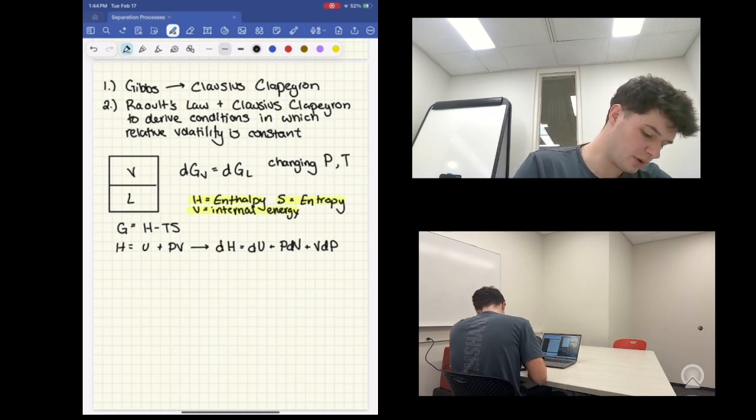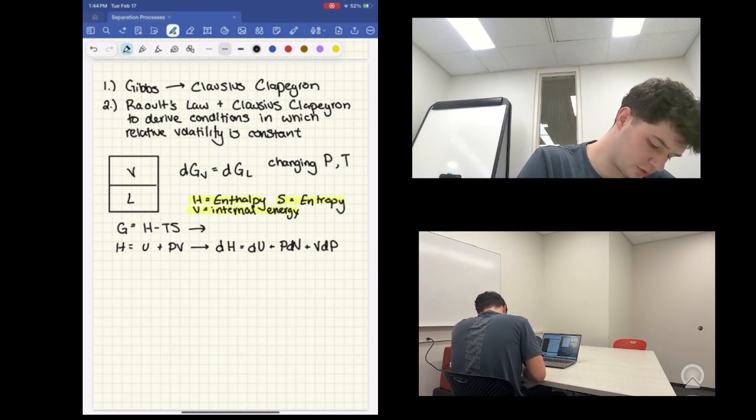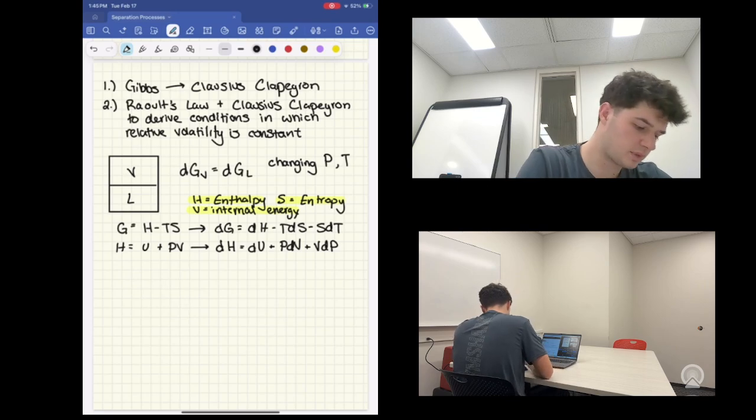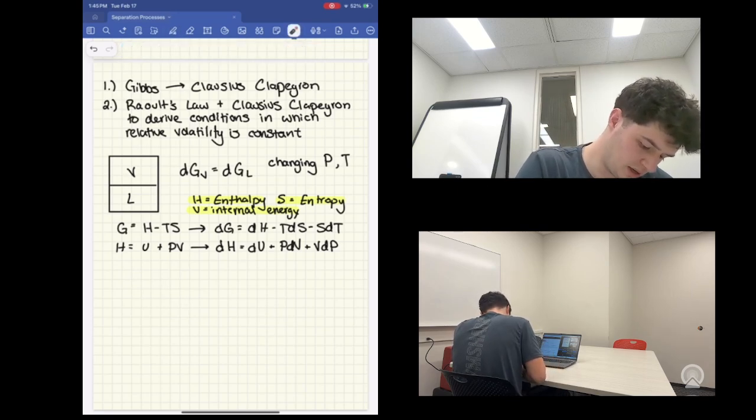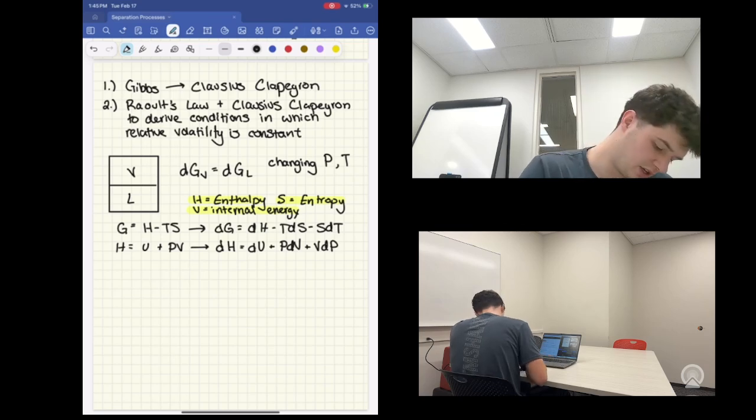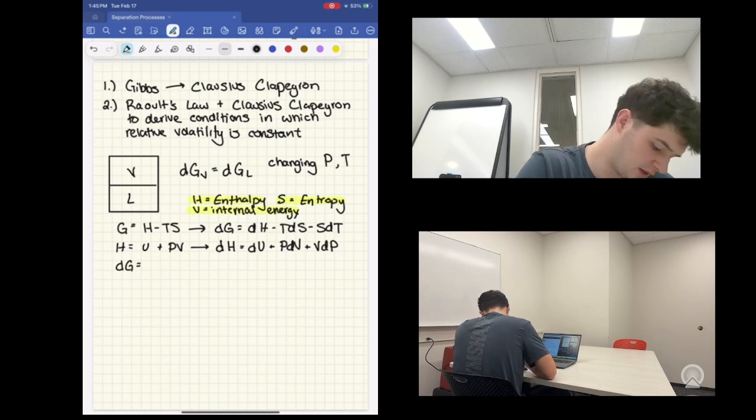And then we are also going to differentiate this equation, which will be dG equals dH minus T dS minus S dT. Now, from here, as you can see, we have this entire equation that we are able to plug into here. Now, after this is plugged in, you will arrive at the equation dG equals V dP minus S dT.